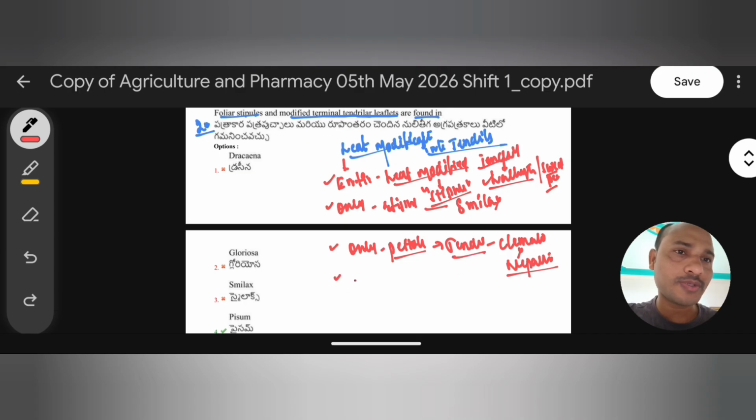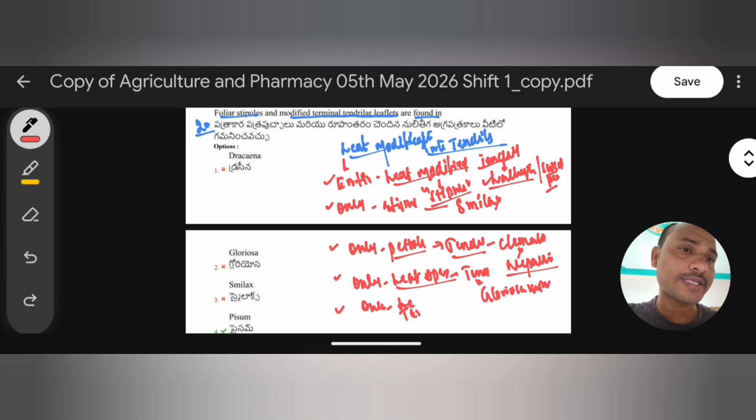And one more important: only the leaf apex modified into tendrils is seen in Gloriosa superba, glory lily. Very important, only the terminal leaflet modified into tendril is seen in Pisum sativum, which is nothing but the pea plant.